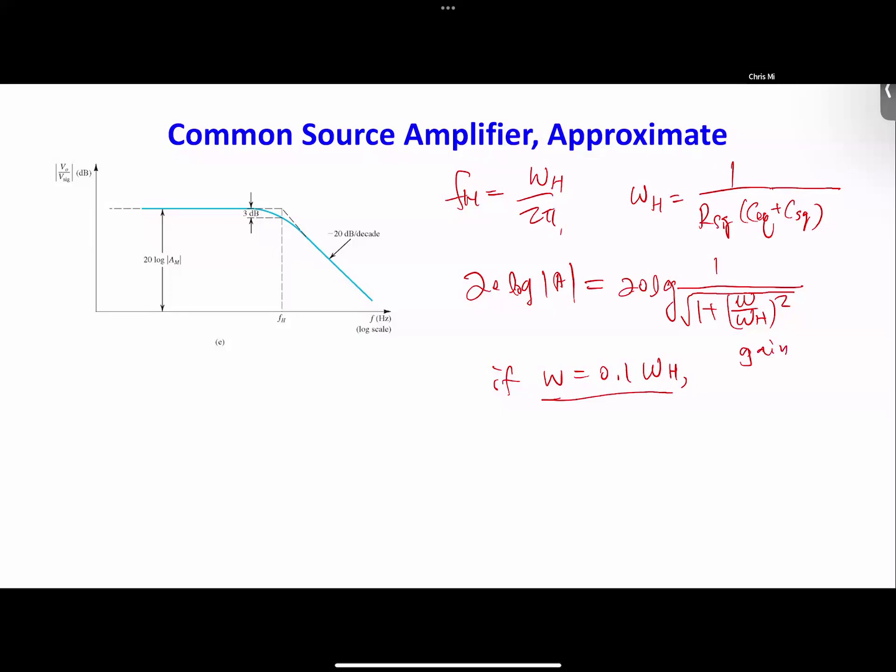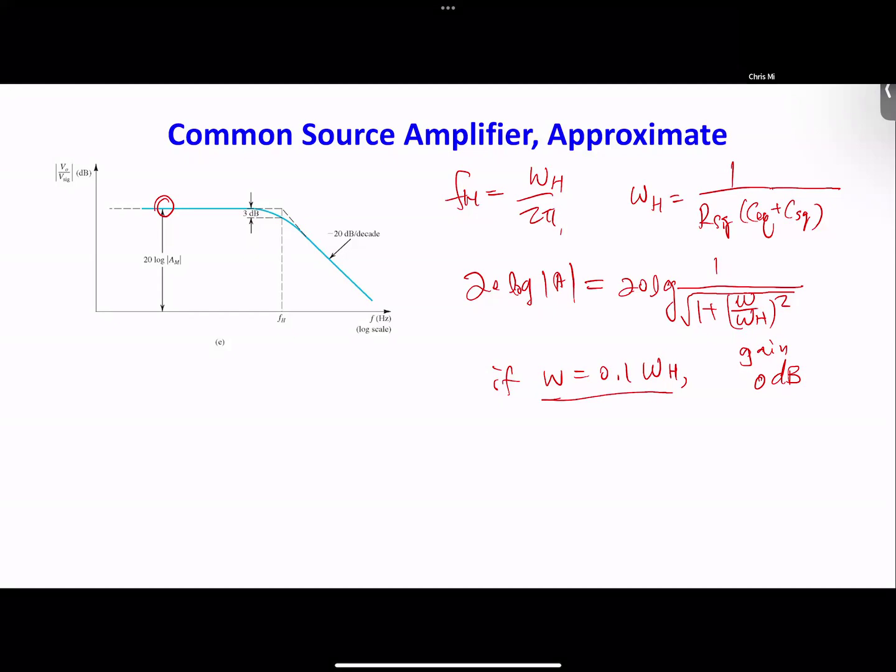Over here, omega is 0.1 omega H, that means that's 0.1. 0.1 squared is 0.01. So 1 plus 0.01 is 1.01, and the square root of 1.01 is approximately 1, and 1 divided by 1 is 1, log of 1 is 0. So you get basically gain is 0 dB. That's why you have it here, 0 dB.